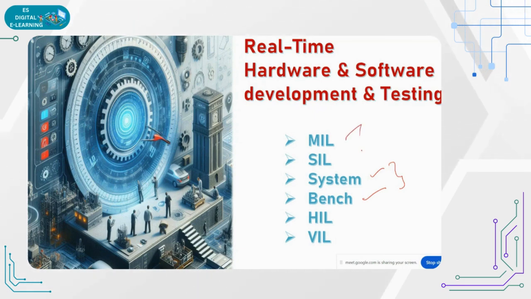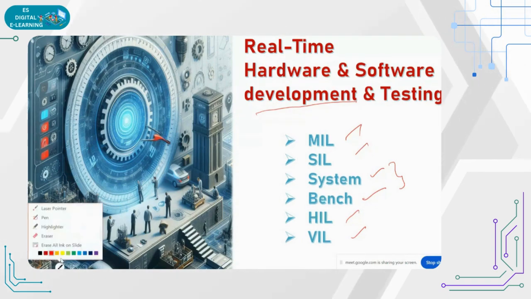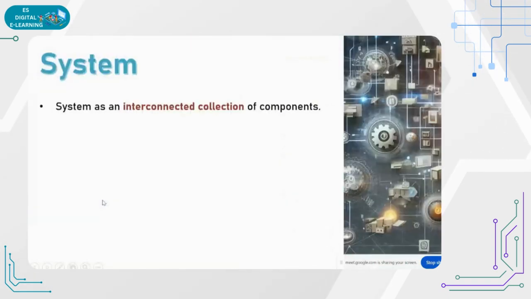What are MIL, SIL and HIL? As you gain experience, you should be familiar with these, and to understand how development takes place for software and hardware designing in real time, you should get some idea.